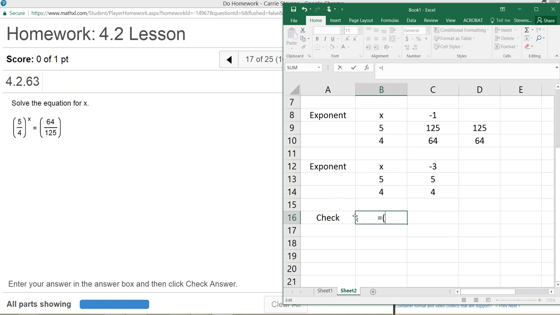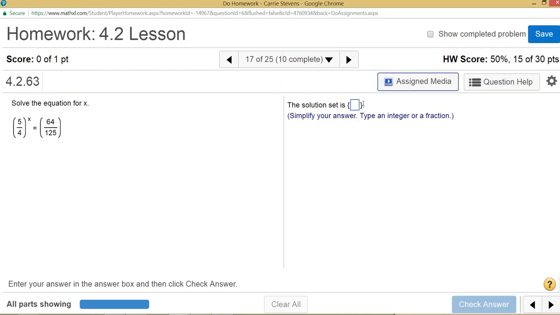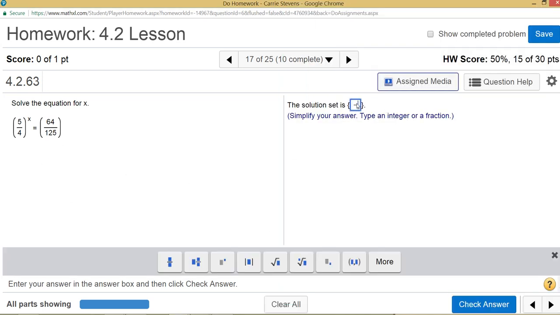Equals base 5/4 to the power of x, and I'm saying x is -3. Is that the same thing as 64/125? So let's see. And they are equivalent. So that's a verification. So I'm going to put in here x is -3.